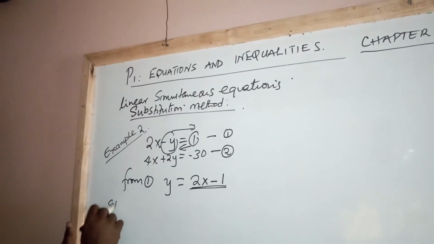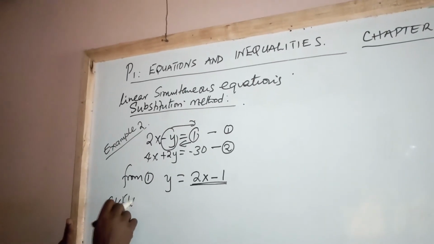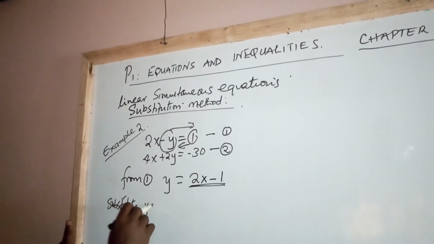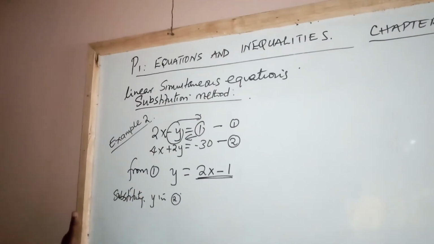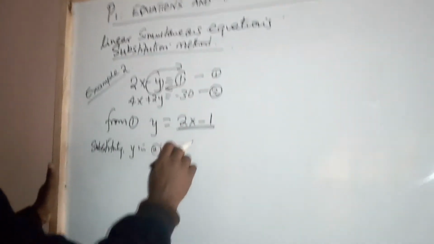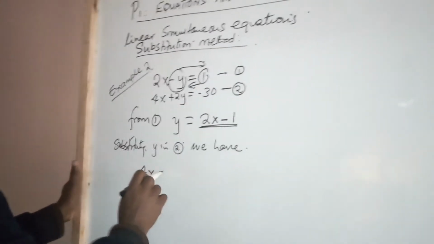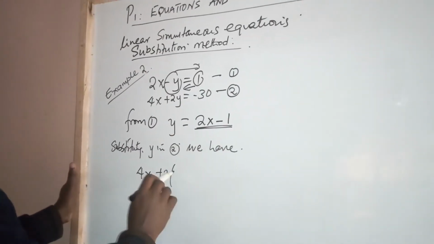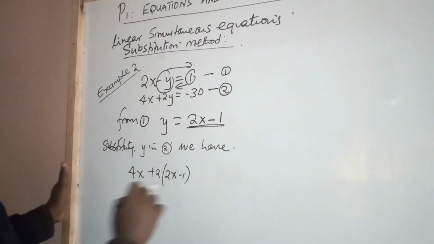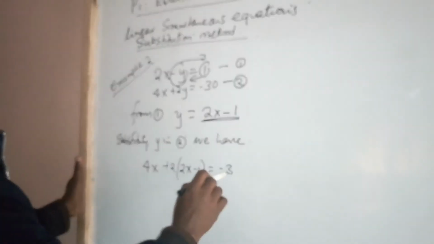So substituting y in equation 2, we have 4x plus 2 times (2x minus 1), that is y, is equal to negative 30.